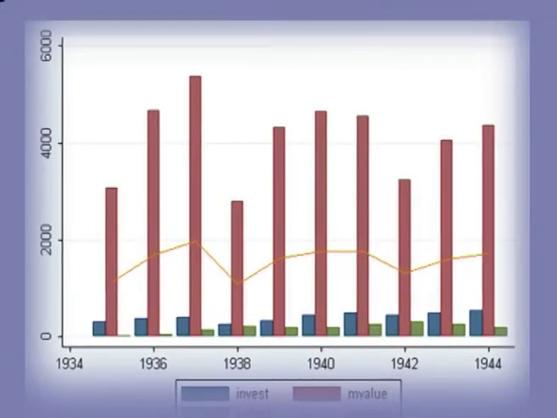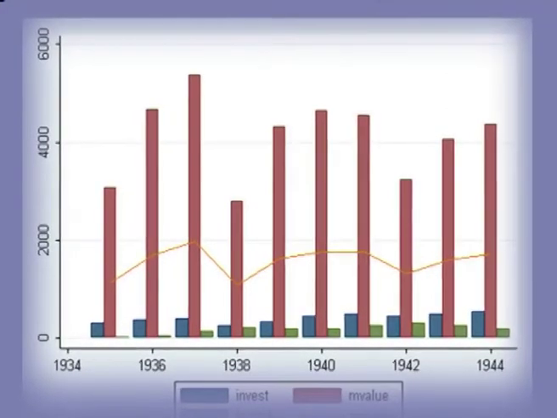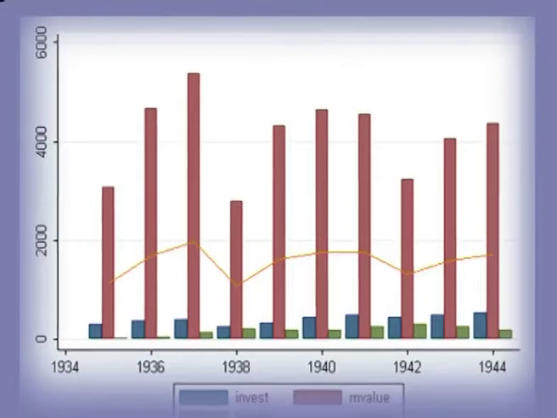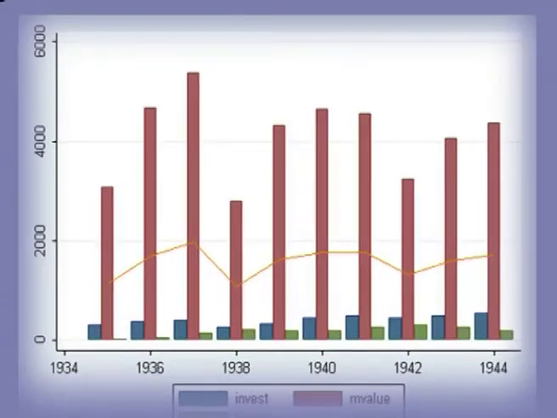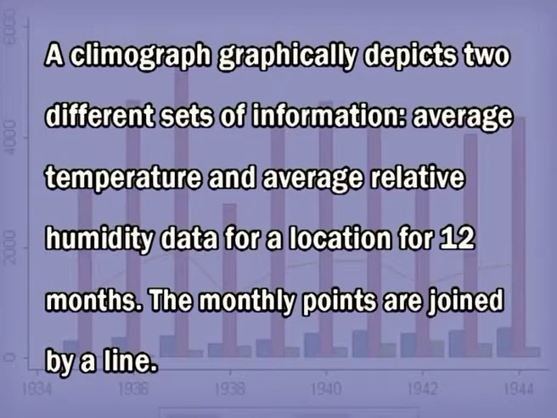Climograph. A climograph or a climogram is a diagram representing climatic variables like temperature and humidity. Climographs were developed to make it easier to characterize the climate of specific places. A climograph graphically depicts two different sets of information: average temperature and average relative humidity data for a location for 12 months.